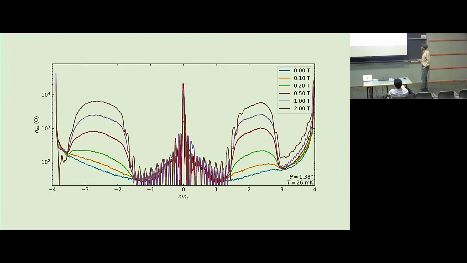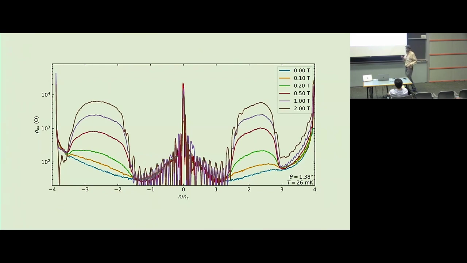In the greatest case, it rises by a factor of 300. So that's a really large magnetoresistance. It's not an absolute world record, but it's particularly unusual because it's over a broad range of density.